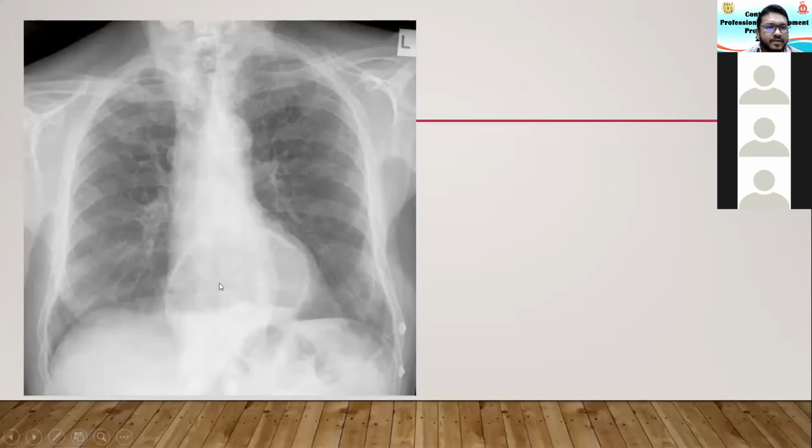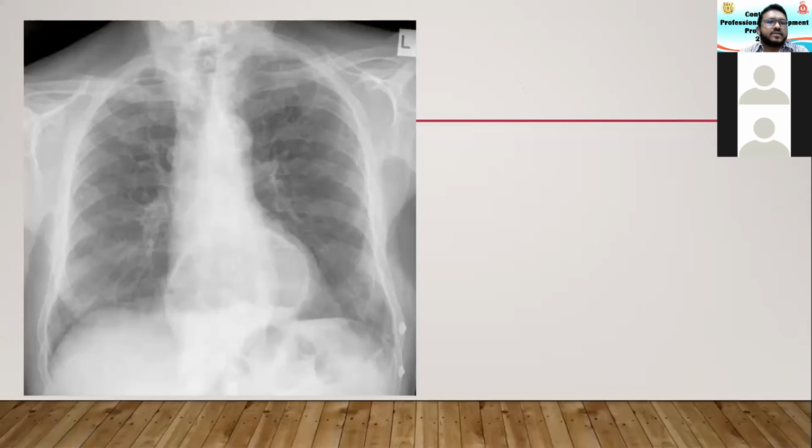So I have touched on a few things on chest x-rays and common findings, and I hope that you have got some knowledge on interpreting chest x-rays. Make sure that you always go through in a systematic manner, so you won't miss the major anomalies.